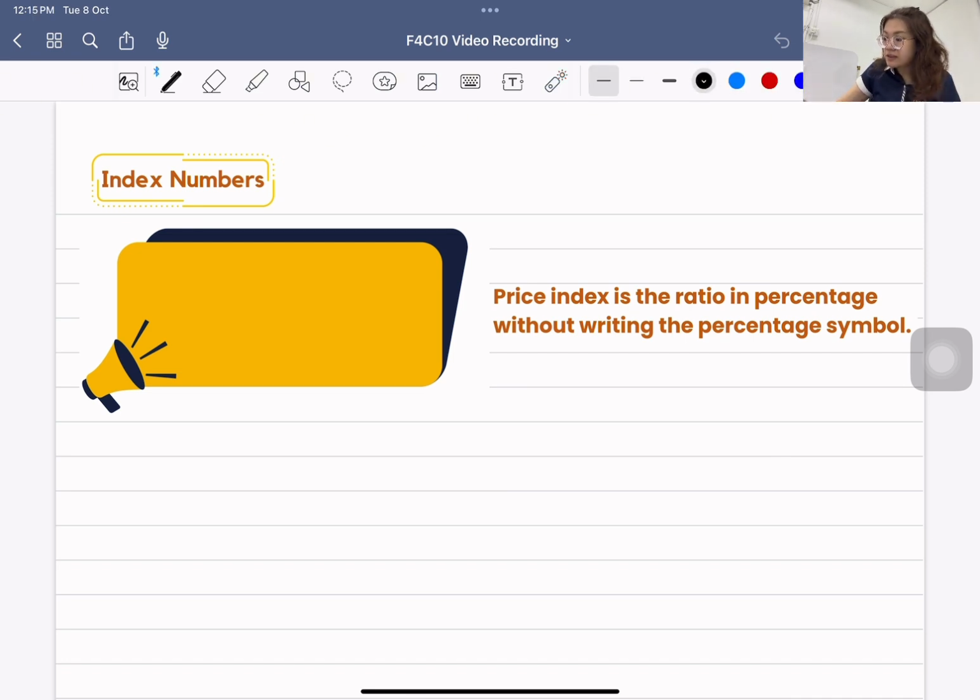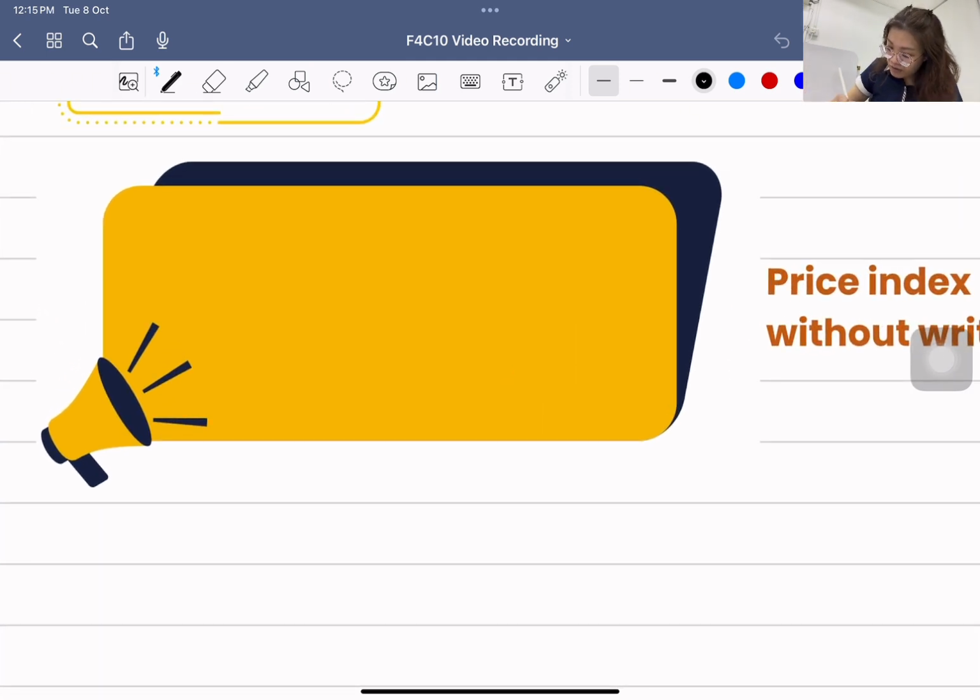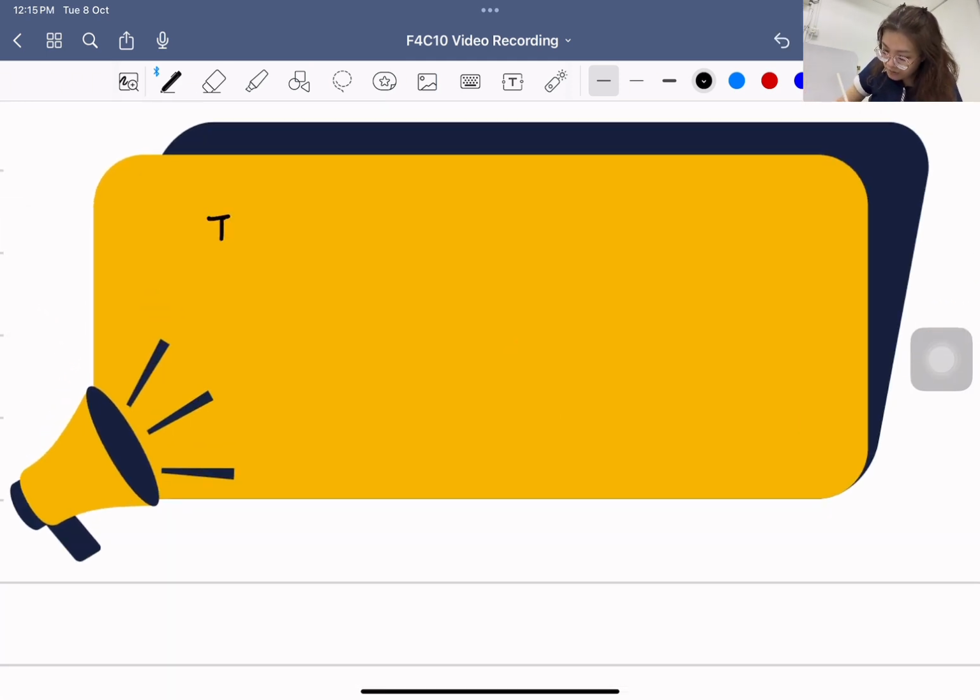Okay, so basically, you will have this index number. We use the symbol big I. I will be equal to Q1 over Q0, multiplied by 100. Remember, just now I said it's like a percentage, but we never write the percentage sign.